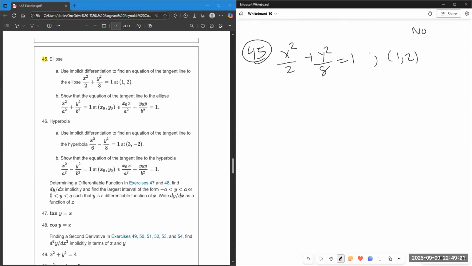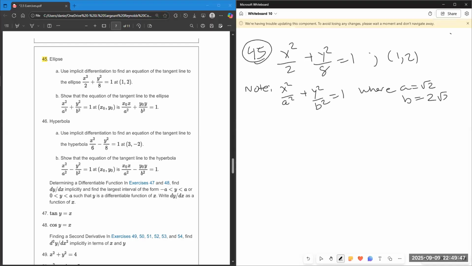And I'm just going to note for later that this is in the form of x squared over a squared plus y squared over b squared is equal to 1, where a is equal to the square root of 2 and b is equal to 2 times the square root of 2. Not to worry too much about that right now, but that is our ellipse that we're talking about here for part A.